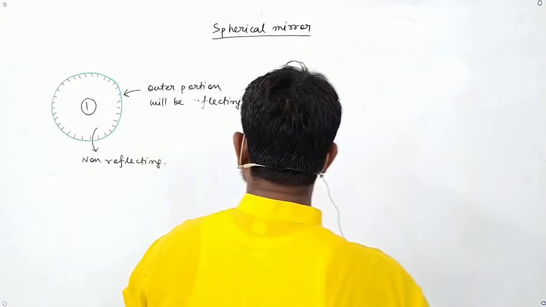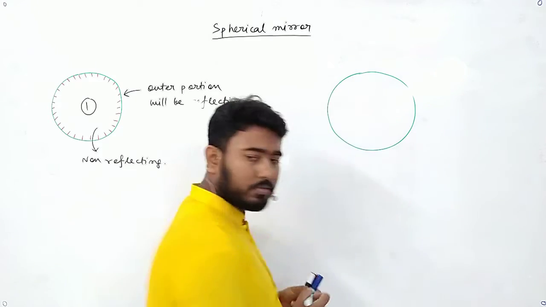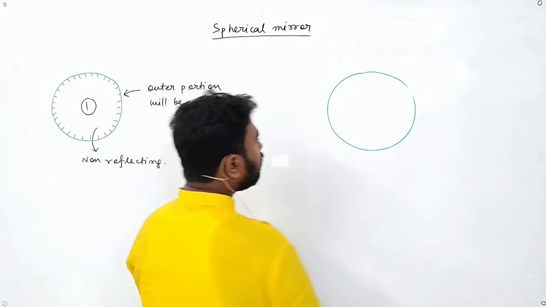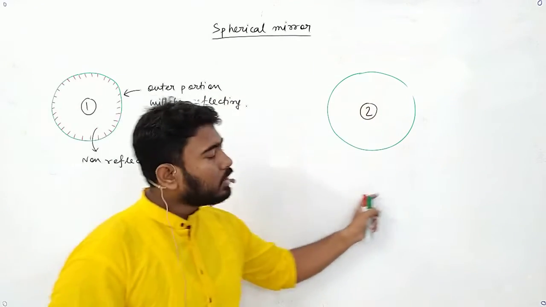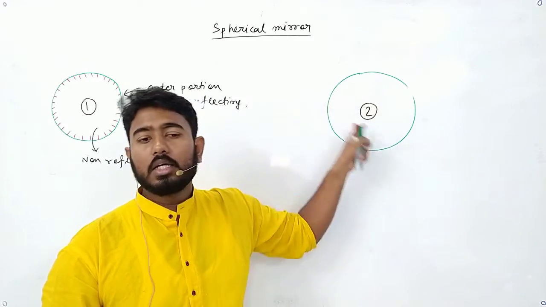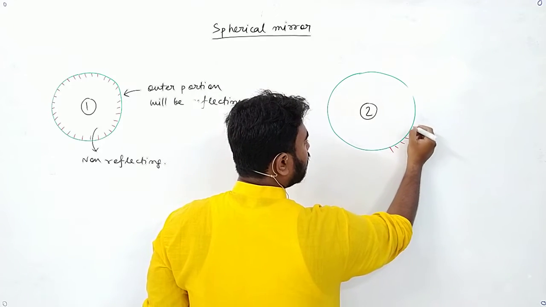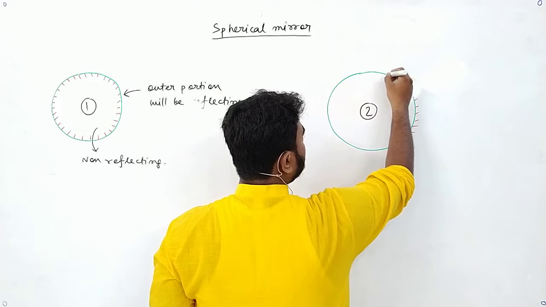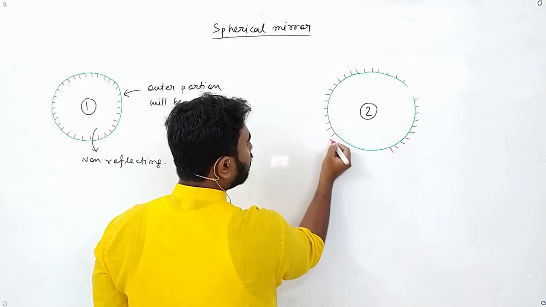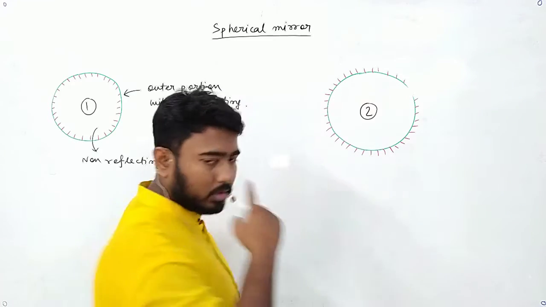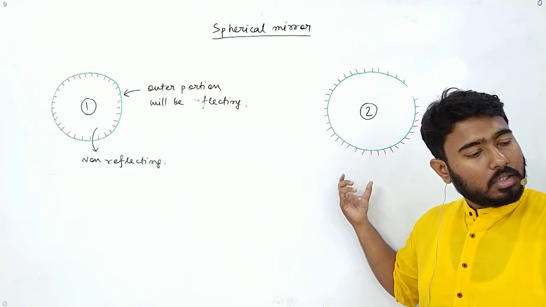Now let us think about this sphere 2. Can we imagine a sphere 2? Okay, in sphere 2 we are doing just the opposite. We are shading the outside. That means we are making the inner side reflecting. So আমরা ভেতরেরটাকে reflecting করছি.